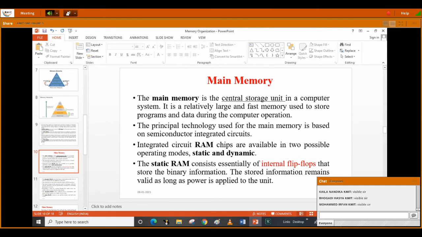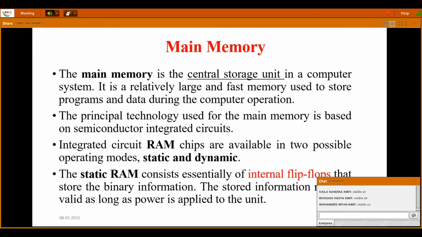It is a relatively large and fast memory used to store programs and data during the computer operation.